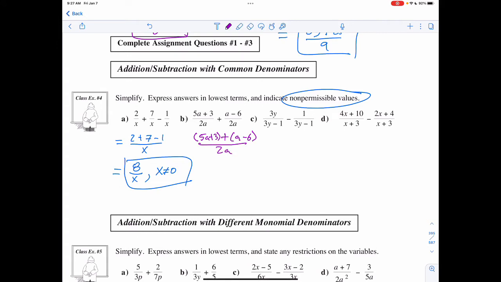And because I didn't need to multiply them by anything, I can just combine my numerators because they're getting added together. So if I have 5a and a, I have 6a's, and 3 and negative 6 is going to give me negative 3 all over 2a, and in this case, a cannot equal 0.